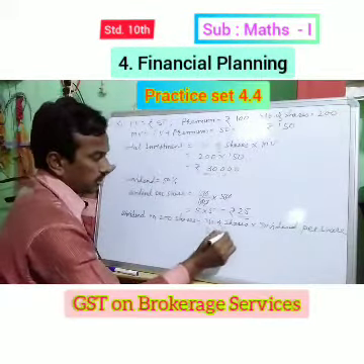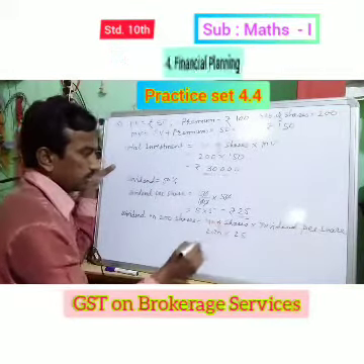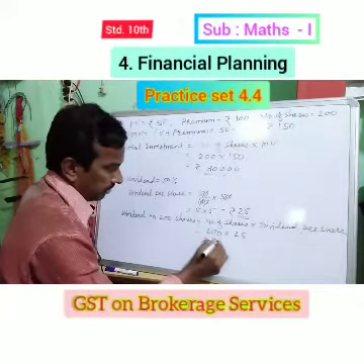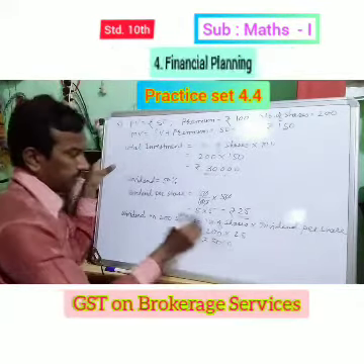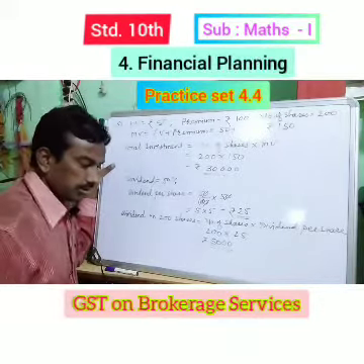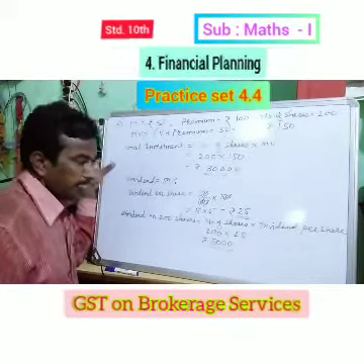Number of shares 200 into per share 25. 25 twos are 50, means 5000. Dividend on these 200 shares is rupees 5000.